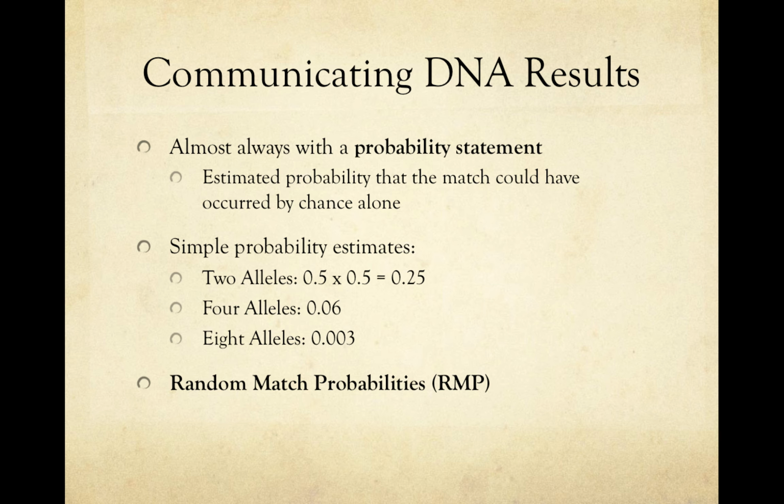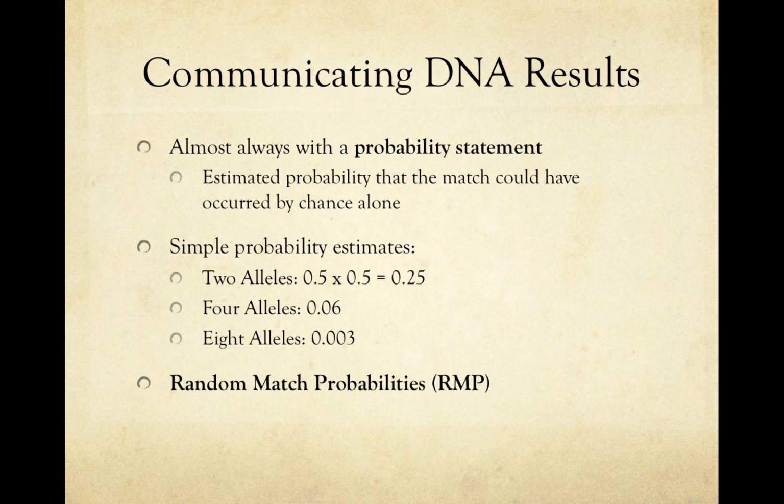Usually, as I mentioned, the forensic examiner will describe this match in terms of a probability, and these are known as random match probabilities. This is presented to the judge or the jury, and as the name somewhat suggests, it's really just them communicating what are the odds that this was just a random match.